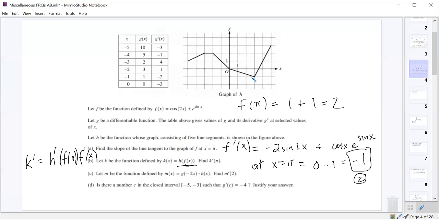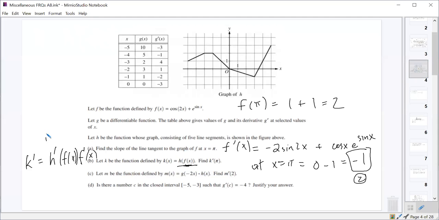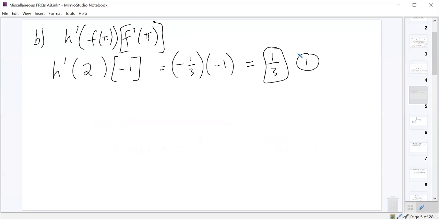It's down 1 and to the right 3, -1/3. So h prime of 2 is -1/3 times -1, or just +1/3. And that was worth 2 points. 1 point for this expression that we wrote for k prime of x, and 1 point for the final answer.